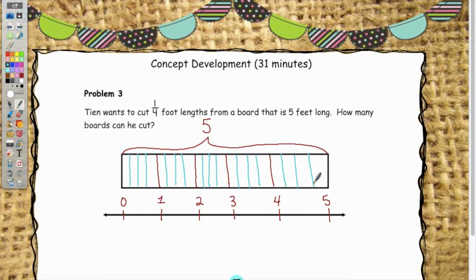Now I'm guessing if I counted those up, there would be what? 20 of them. So 5 divided by 1/4 equals 20.